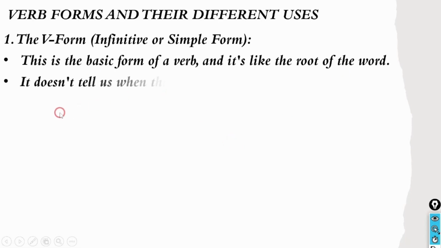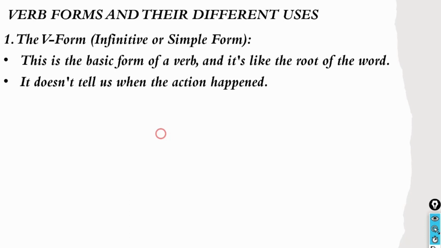So we are saying it doesn't tell us when the action happened. The verb is a word that expresses action, right? Now when we are talking of a V form verb, it will express an action, but it is not going to tell us when the action happened.